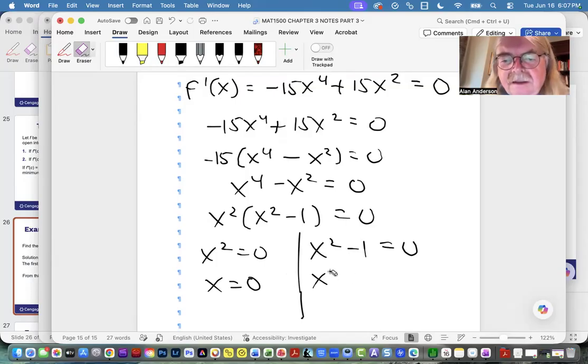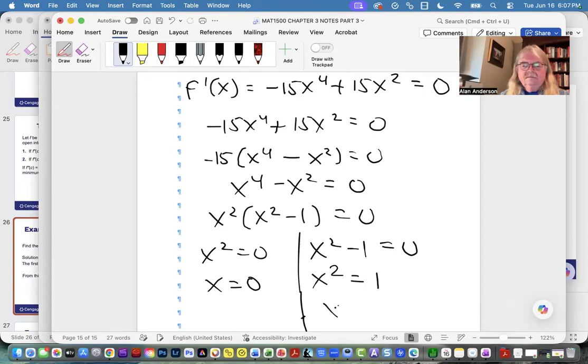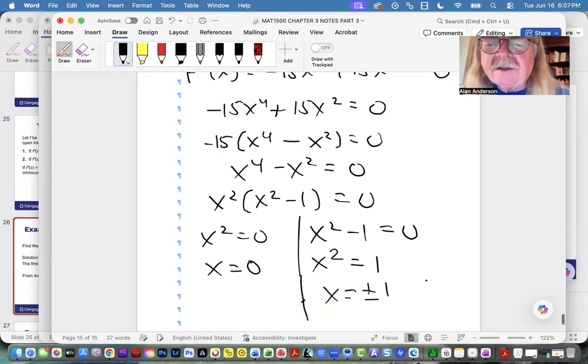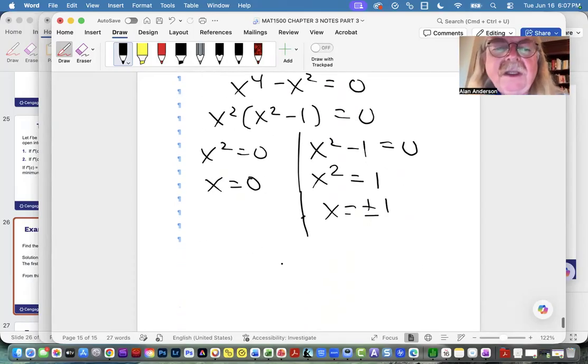On the right, we have x squared equals 1. And when you take the square root, it could either be plus or minus 1. So we have three extrema, or critical numbers, I should say.